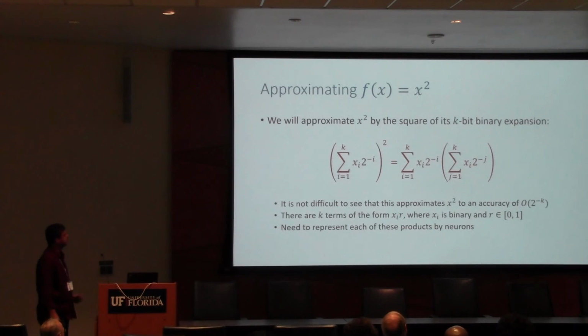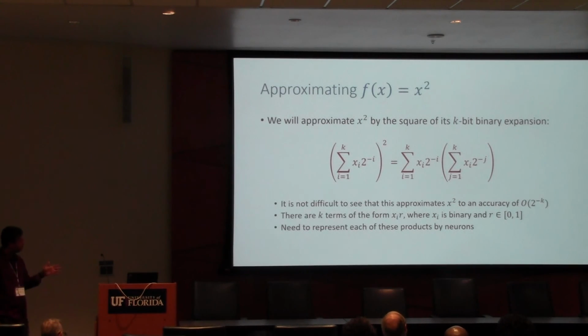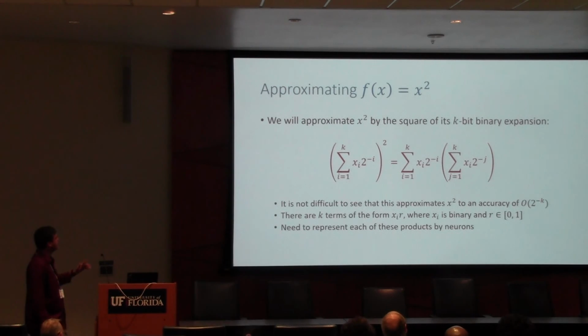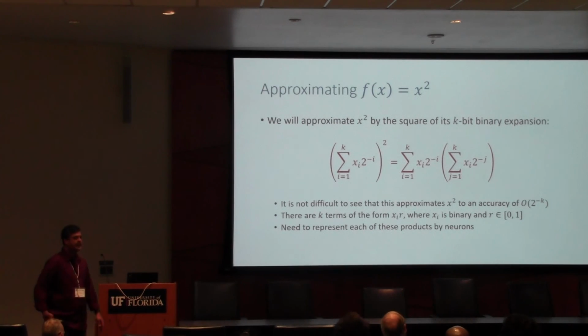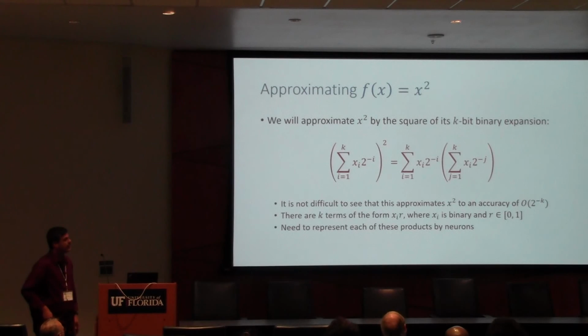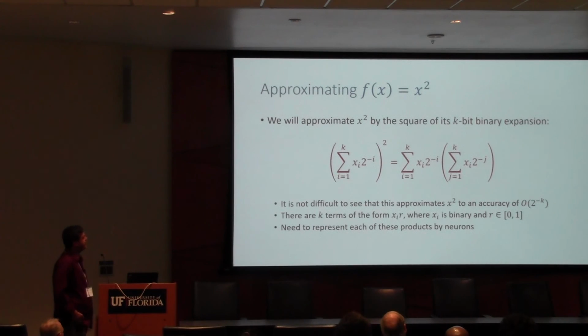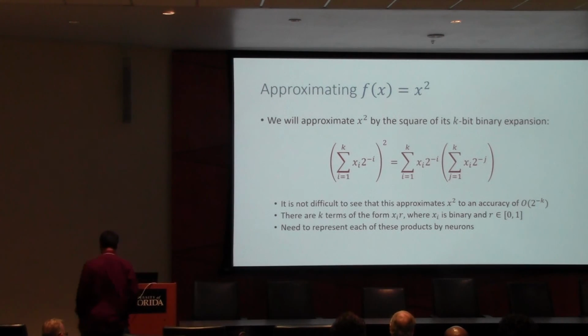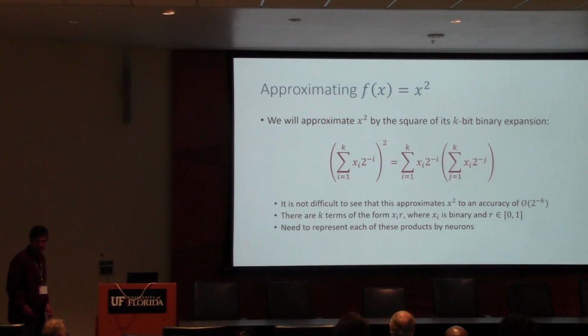Now here's the important trick. Suppose I want to approximate x squared. I can approximate x squared by looking at the binary expansion of x and multiplying it by itself.